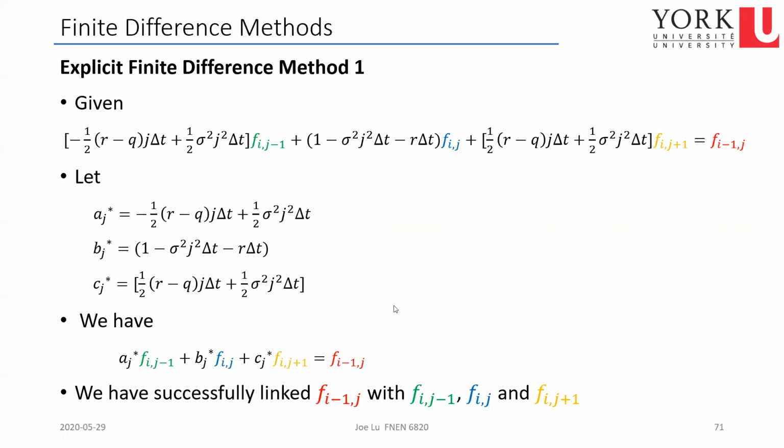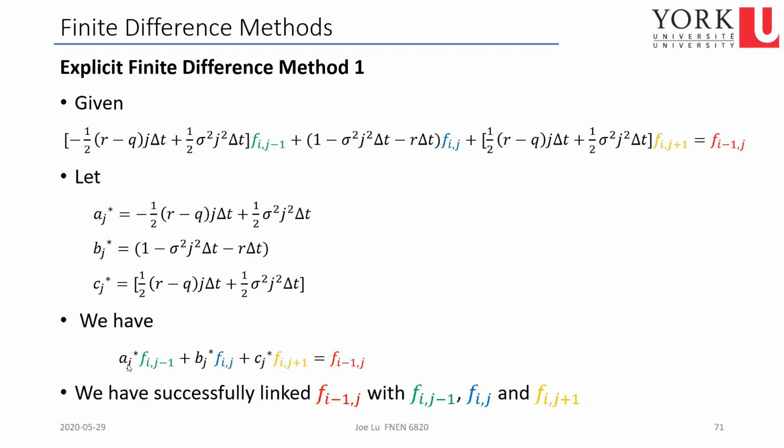Here you will see you again have those things in the bracket, but they are different ones now compared to the implicit. Let's give them some names: instead of using A_j, we call them A_j star, B_j star, C_j star, okay?